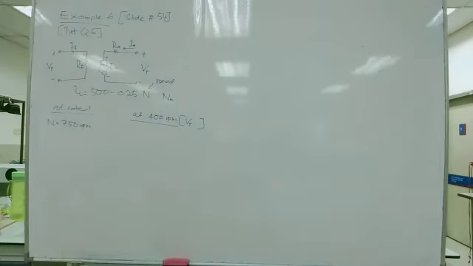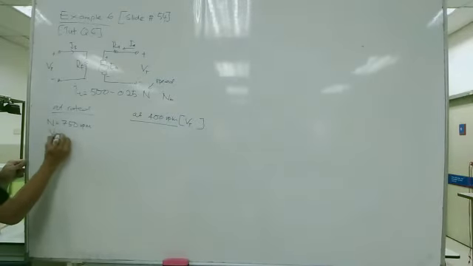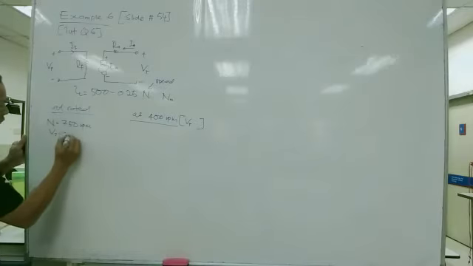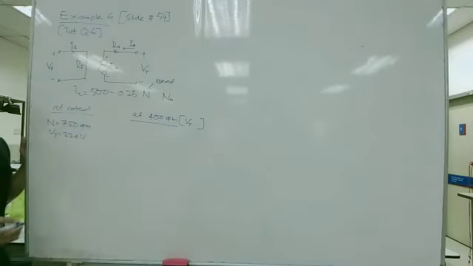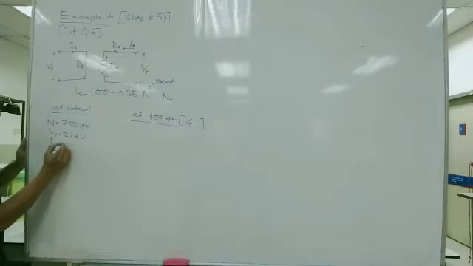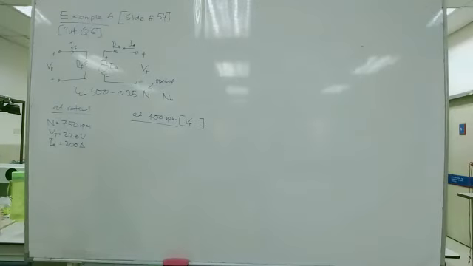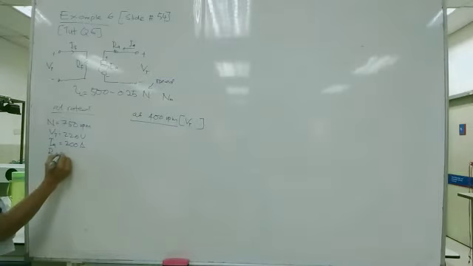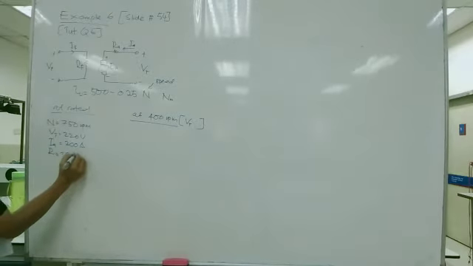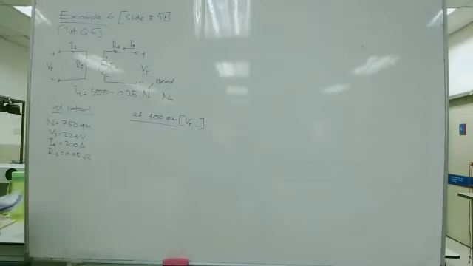First, at rated, we have a terminal voltage equal to 220 volt, and armature current equal to 200 ampere. RA equal to 0.05 ohm.